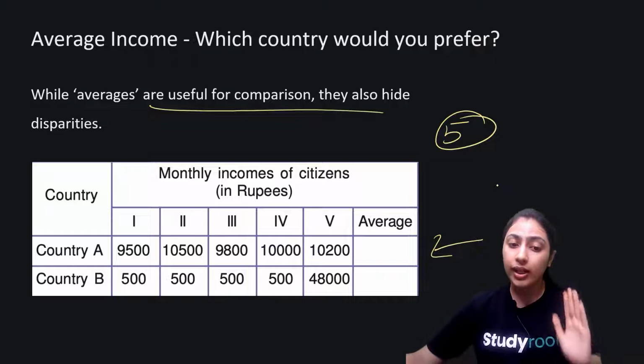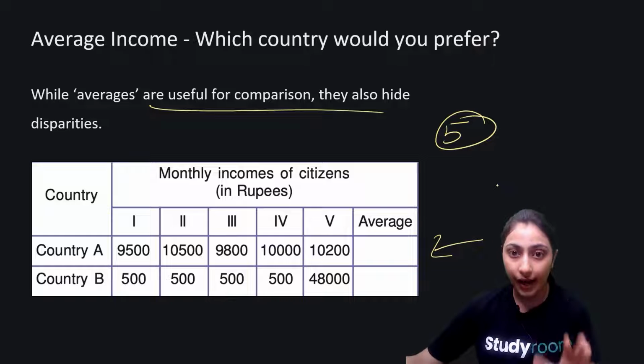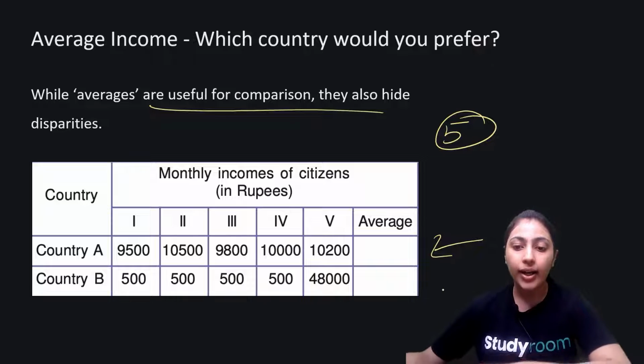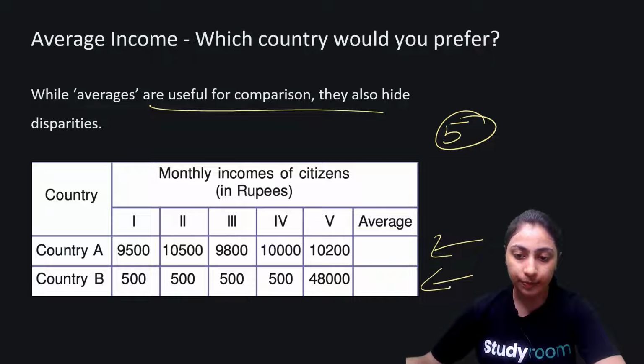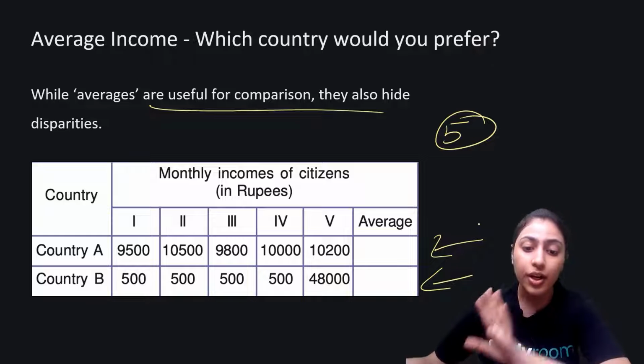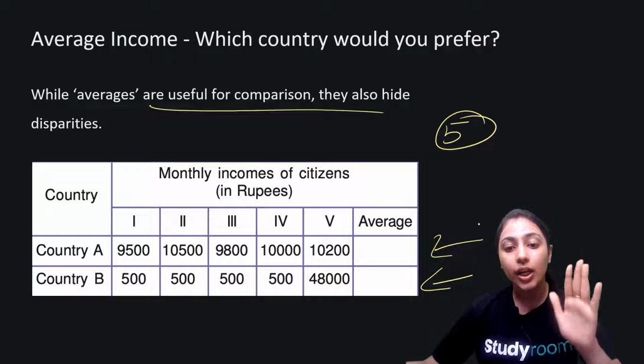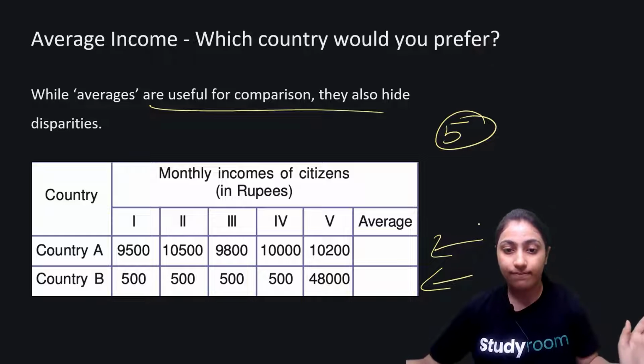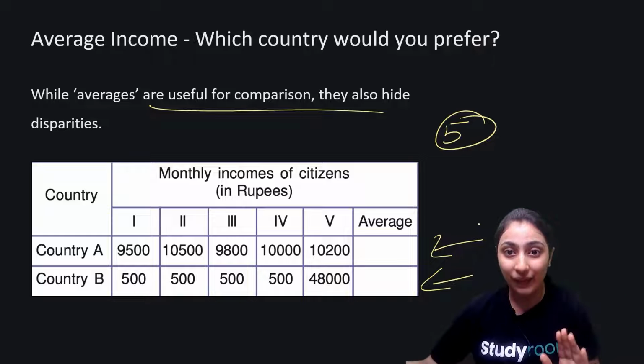You cannot say 10,000 or 9,000 to be bad. They are good. But if you see this, country A's first is earning 500, third is also earning 500, fourth is also earning 500, fifth is earning 48,000 rupees per month.